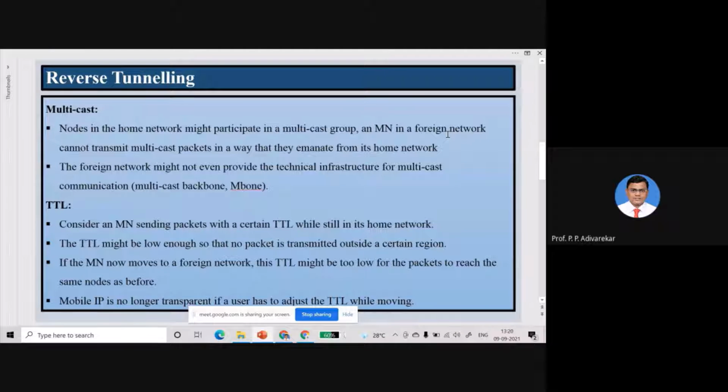In a network there are certain nodes which form a group, and whatever packets are sent to this particular group will be delivered to all the nodes in the group.